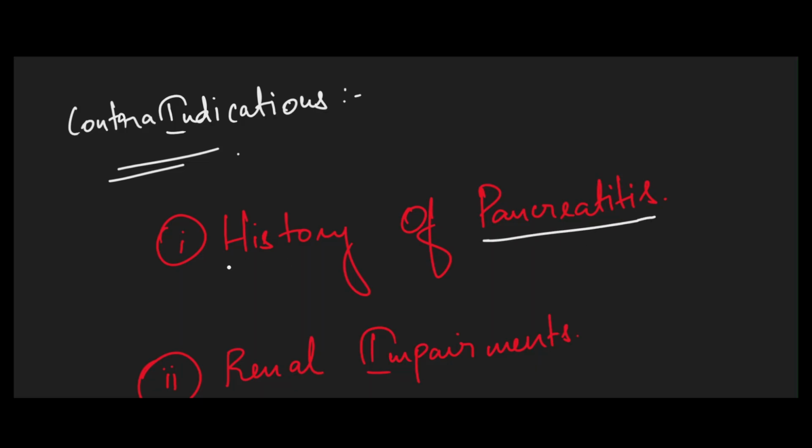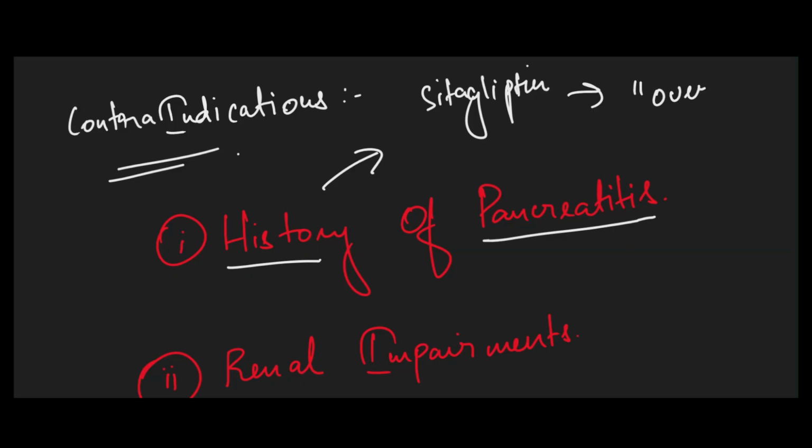currently suffering from pancreatitis or who has a history of pancreatitis. The reason is quite simple. See, when you take sitagliptin, what happens is that you overwork your pancreas. Your pancreas is always in an overstimulated state.